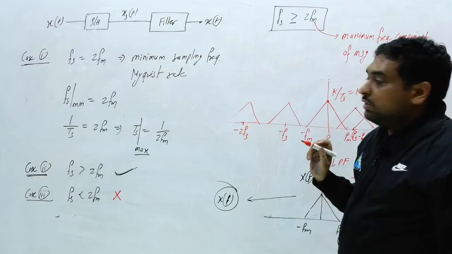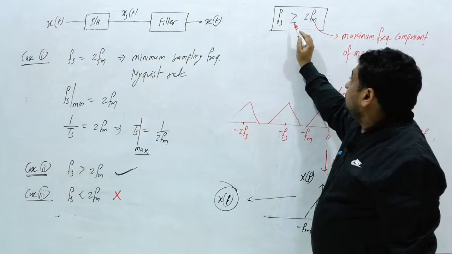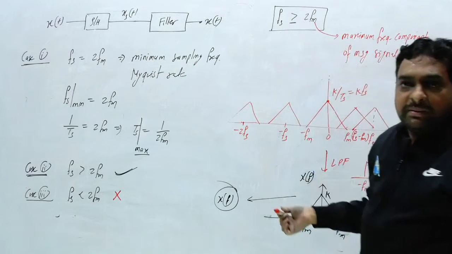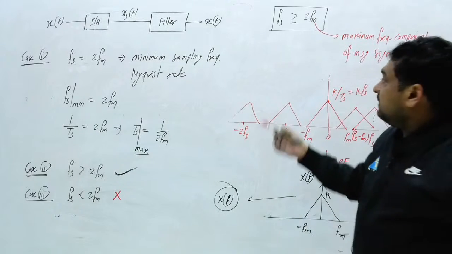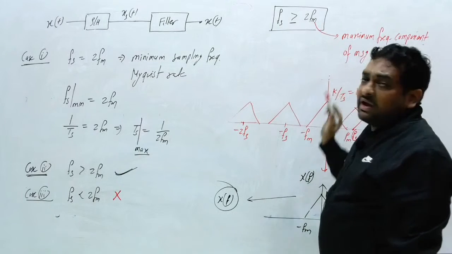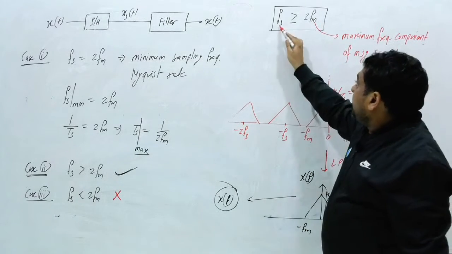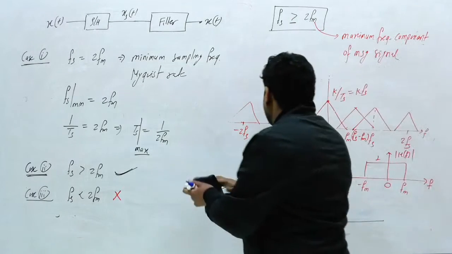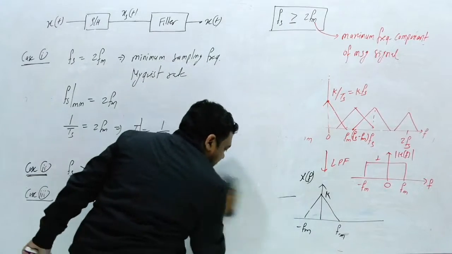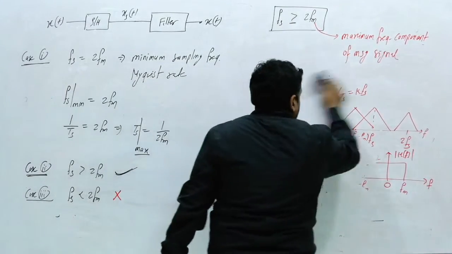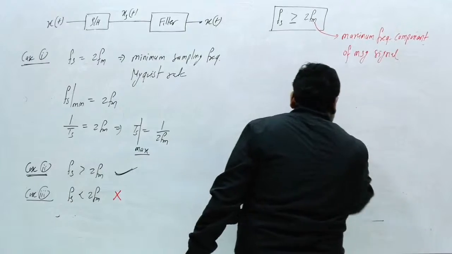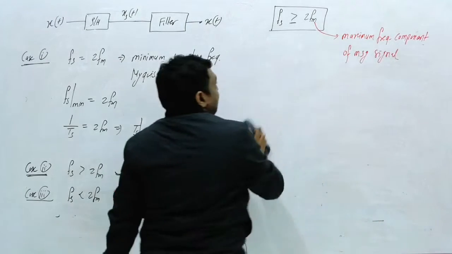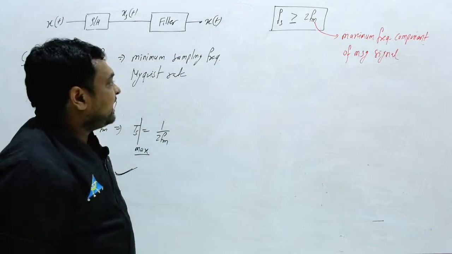Nyquist criteria. What will be the minimum? fs will be equal to twice of fm. You can choose either fs equal to 2 fm, or fs greater than 2 fm. Is this clear?